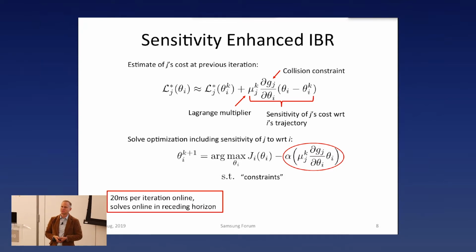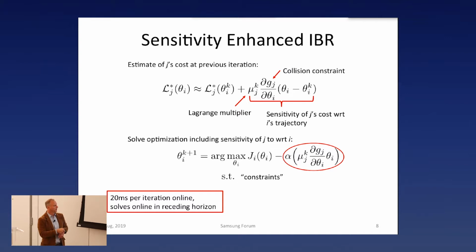So a few things you might ask. Is this computationally reasonable? I have to solve all these optimal control problems online. How fast can I do it? Turns out pretty fast. With the effort of my grad students in my lab working to optimize this, we can do one set of iterations in 20 milliseconds.